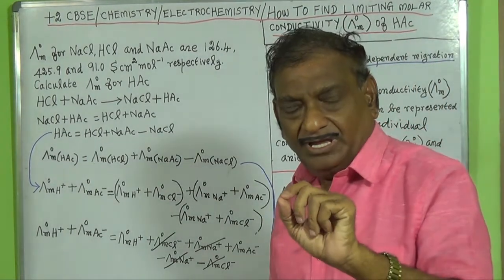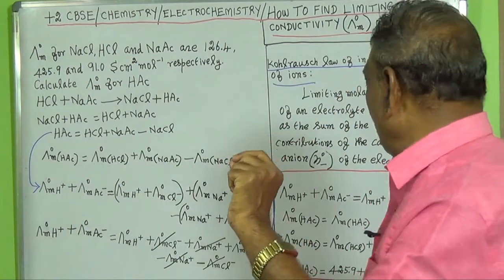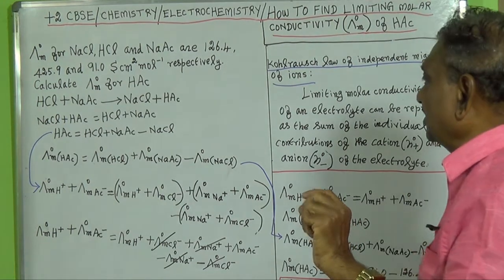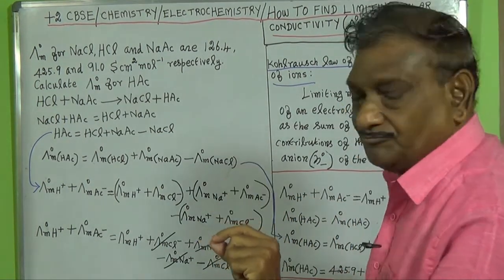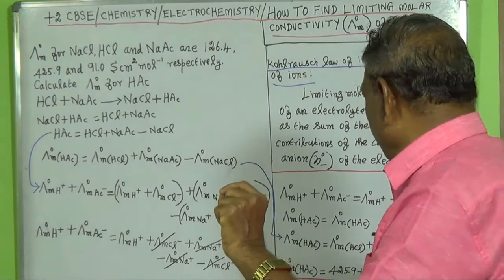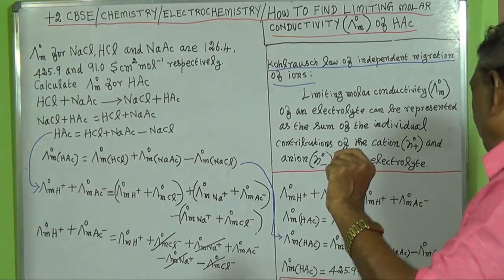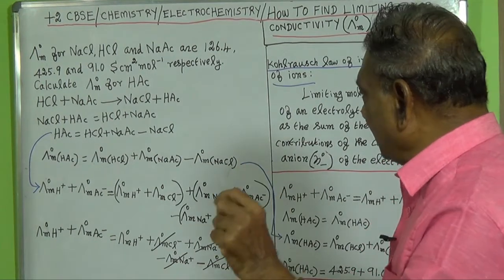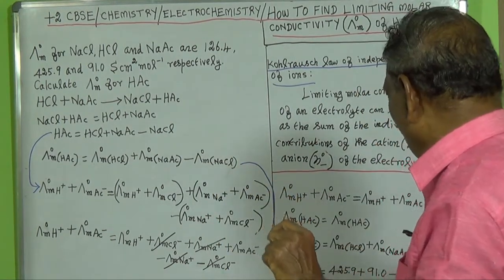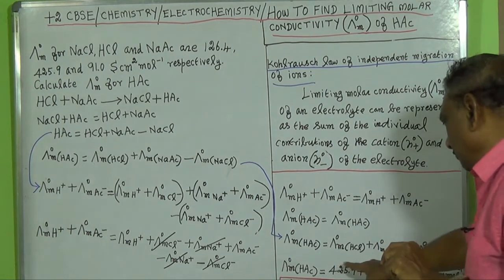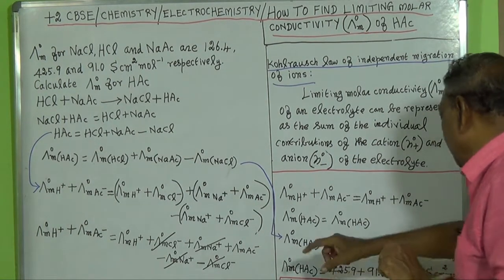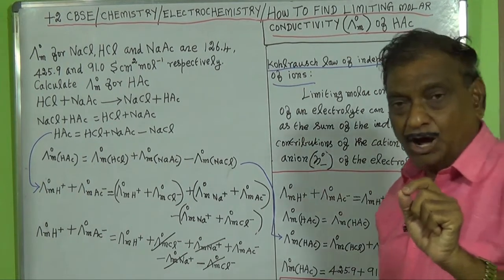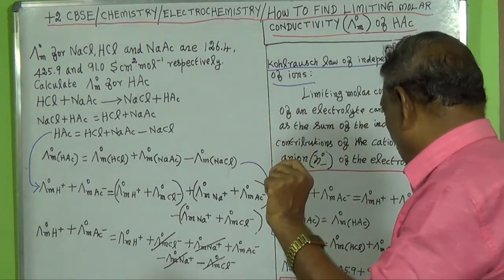In the sum, the limiting molar conductivity of sodium acetate, that is NaAc, is given as 91. In the sum, the limiting molar conductivity of NaCl is given as 126.4.